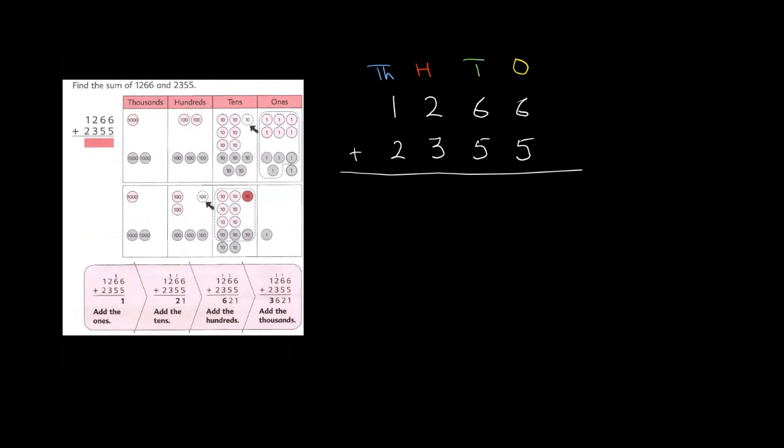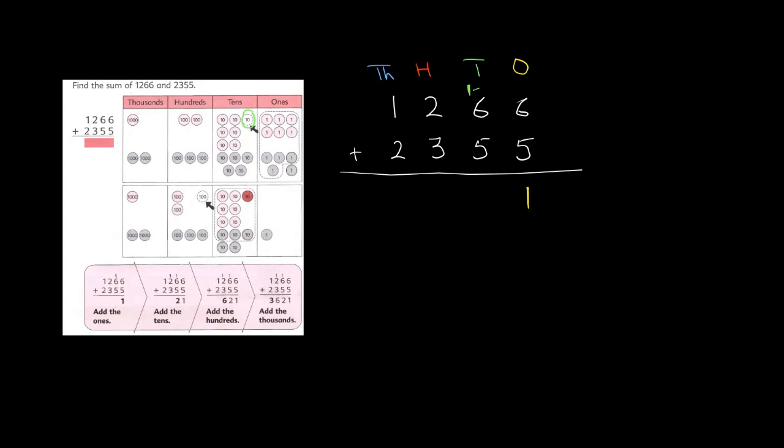So 6 ones plus 5 ones is 11 ones. So I'm going to keep 1 here, and then I have 11 ones. I have a 10 and a 1. The 10 is going to go right over here, and this is the 10 that I'm talking about. So now I have 6 tens plus 5 tens.